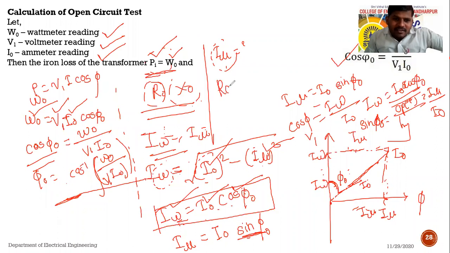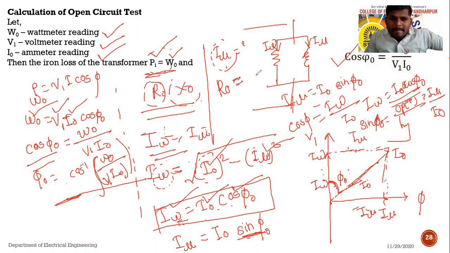What is the formula for R0? In the equivalent circuit, here it is R, here it is X. The current flowing through this is IW, the current flowing through this is I mu, and these are in parallel across the supply voltage. Tell me what the formula will be. In the equivalent circuit we saw this R0, here it is X0. What is the formula? What is Ohm's law?